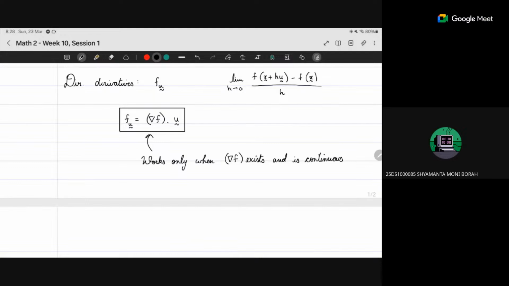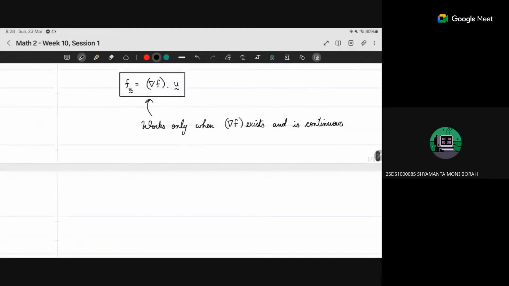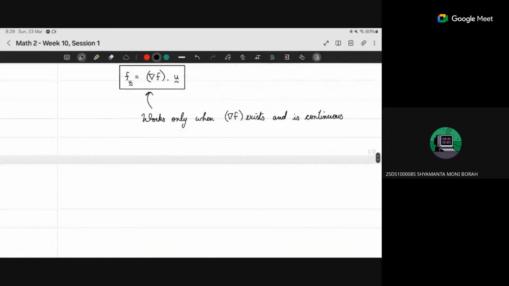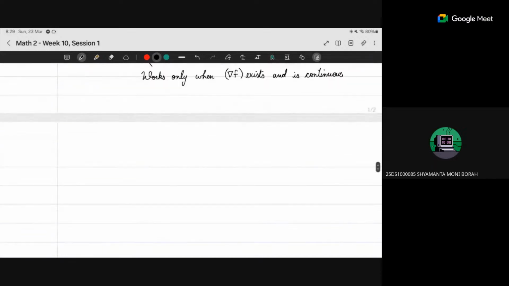The gradient can still exist and it can still be continuous. I'll give you an example at the end. You have to check this condition. That condition does not automatically fail for any piecewise function. f will be defined on the whole domain, and nabla f could still exist and could still be continuous. Okay, we'll take up examples at the end.